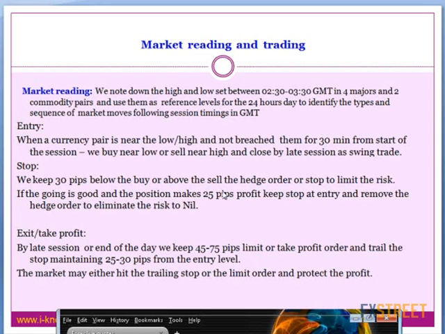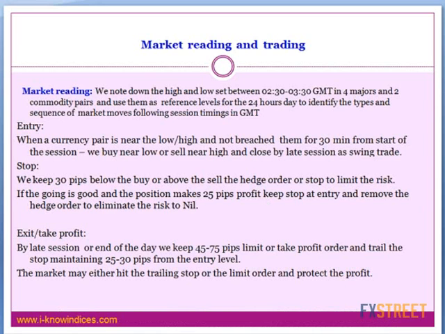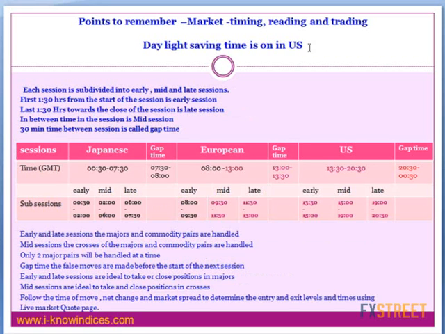Then the gap time will be 13 to 13:30 GMT. The early US session will be 13:30 to 15 GMT. And the late US session will be 19 to 20:30 GMT. And the gap time between the US session and the next day Japanese session will be 20:30 to 00:30 GMT.